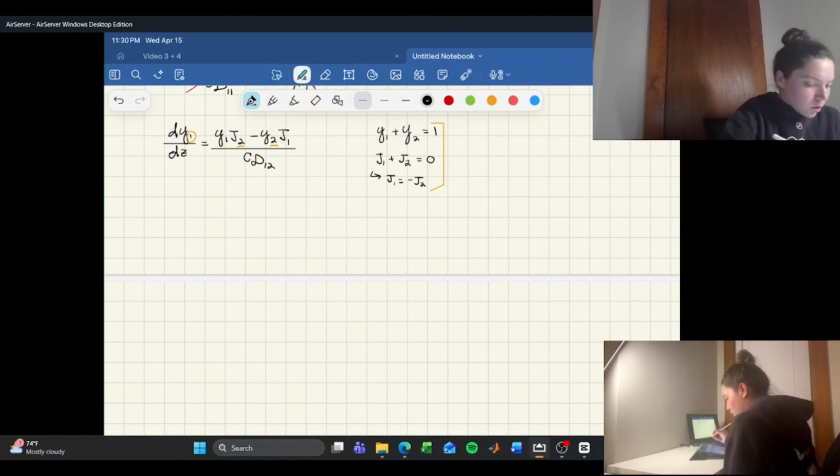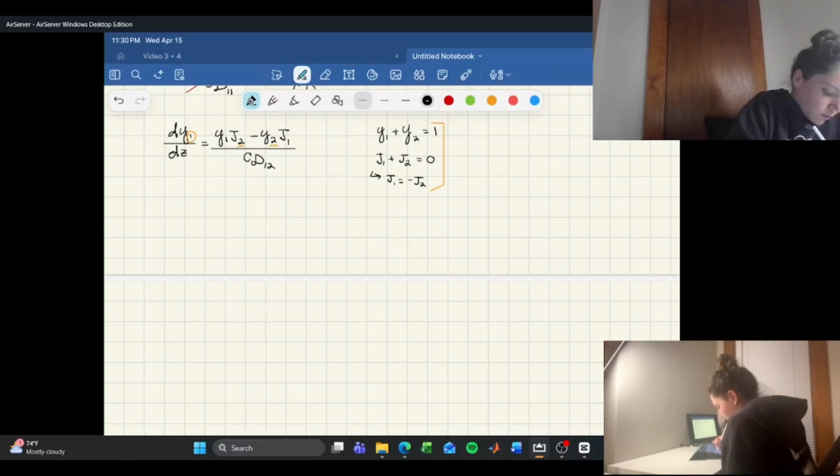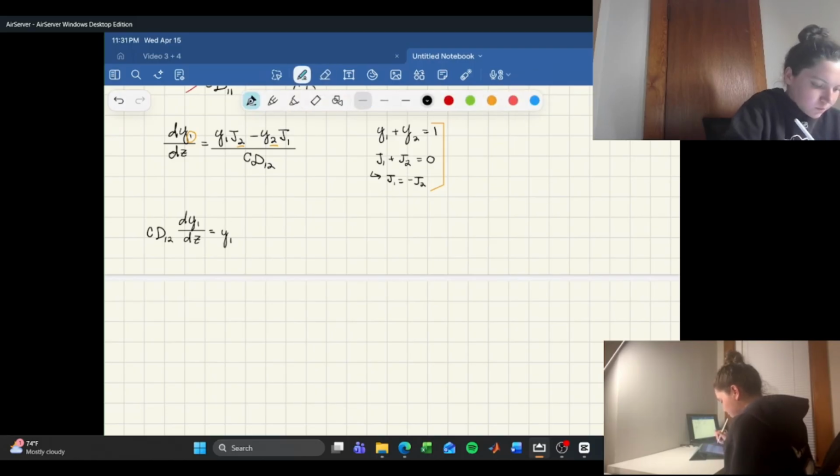So first of all, let's multiply this denominator over. So we're going to have that the concentration times the diffusion coefficient of 1 through 2 times the derivative of the mole fraction of 1 with respect to position is going to be equal to the mole fraction of 1.